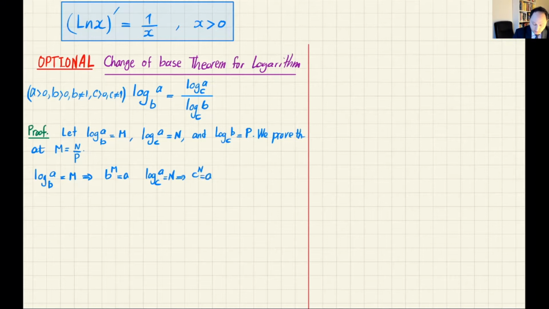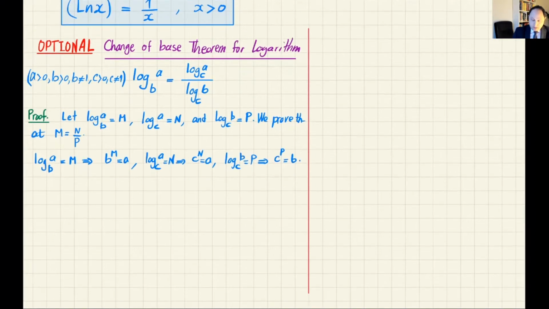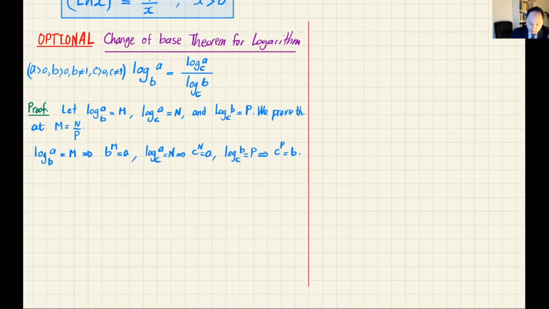And finally, when I write logarithm of b in base c is equal to p, this means that c to the power of p is equal to b. Yes, so this is the consequence of my new naming, yes? But let us see, I want to find a connection between m, n, and p. So how should I do that?